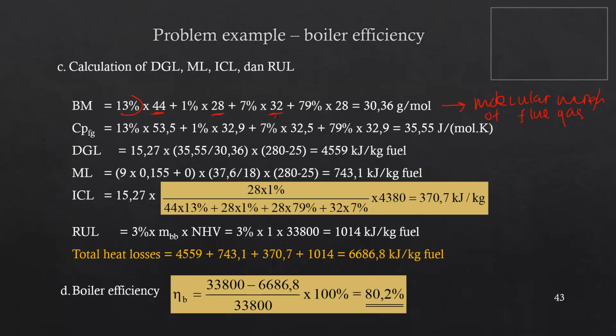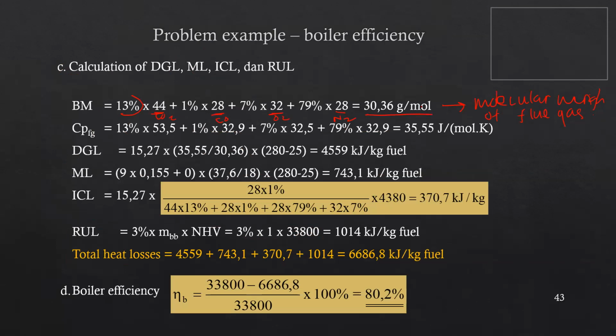This is oxygen, this is CO, this is CO2, and this is for the nitrogen. Okay, so we will get this value here, 13.36 grams per mole.